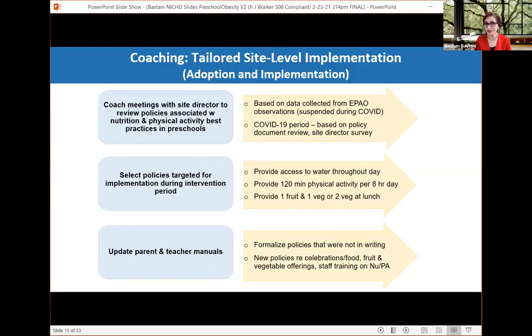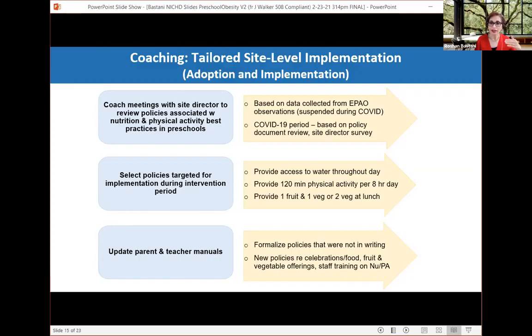So at the level of the site, the coach meets with the site director and they first review policies associated with nutrition, physical activity. And the next one, they select the policies that they would like their preschool to implement. For example, having access to water throughout the day.